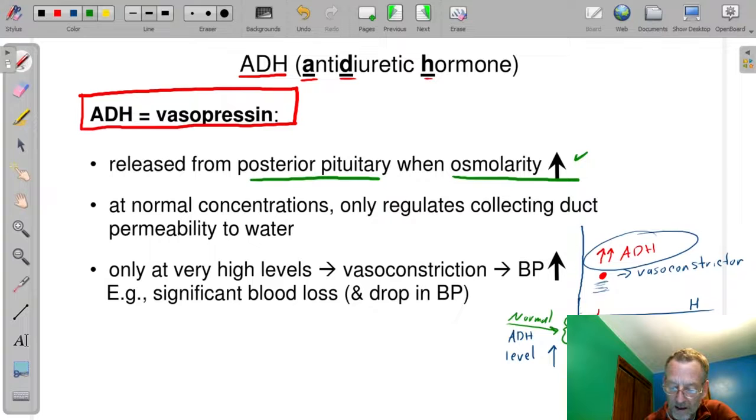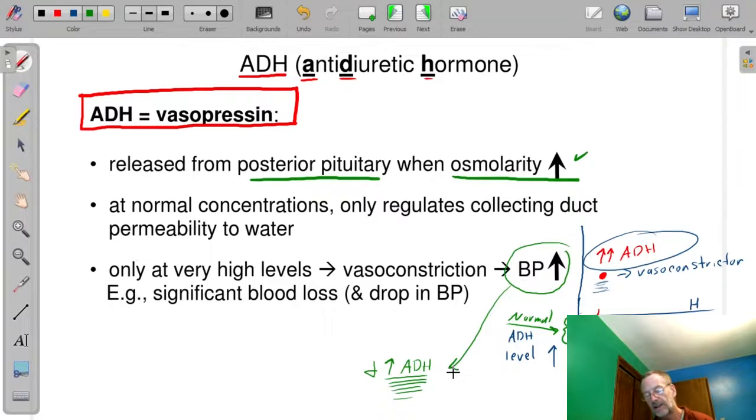So can you make the connection between a drop in blood pressure and an increase in ADH release? Can you start to connect those pieces in a picture?